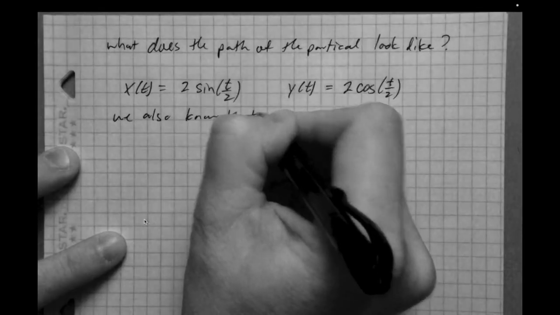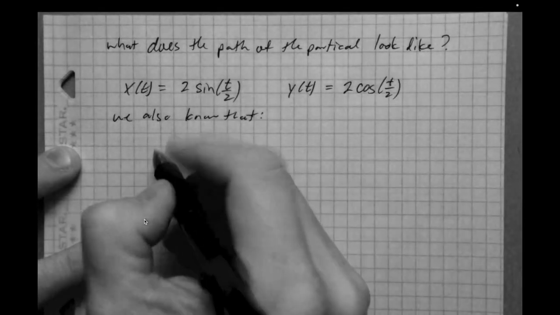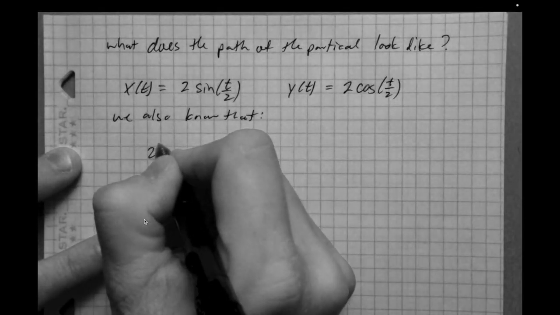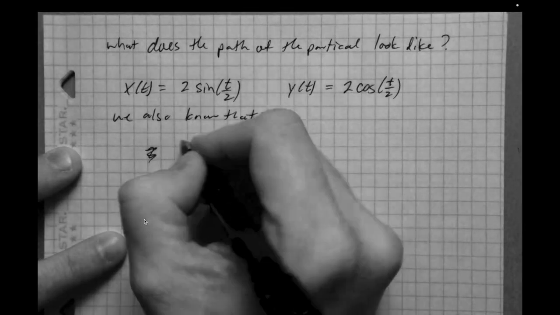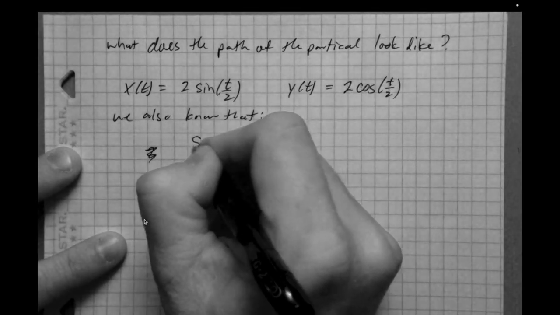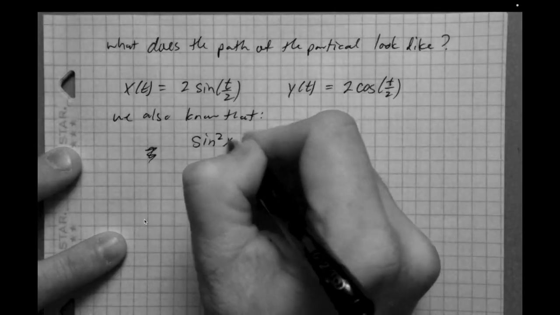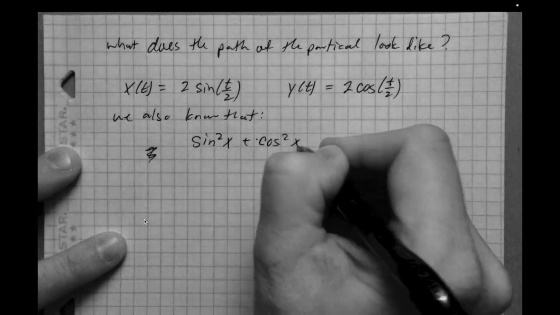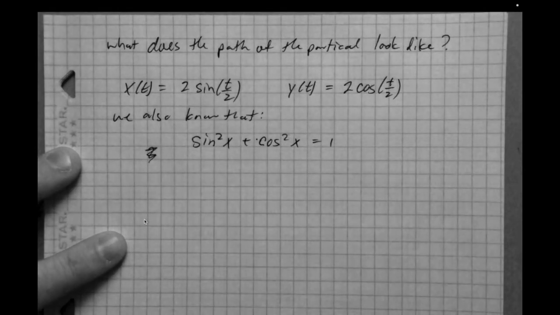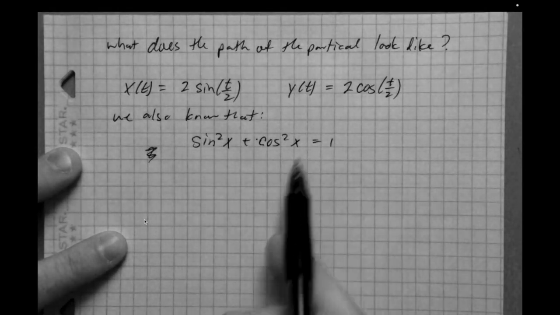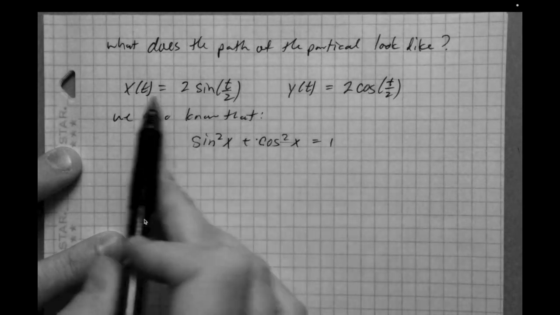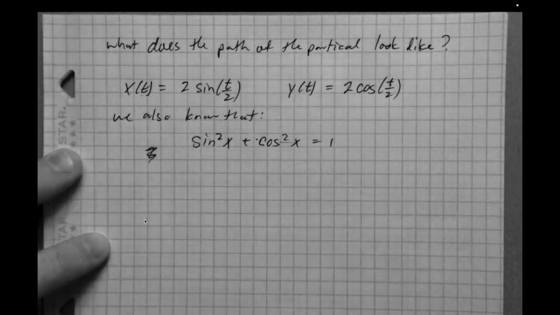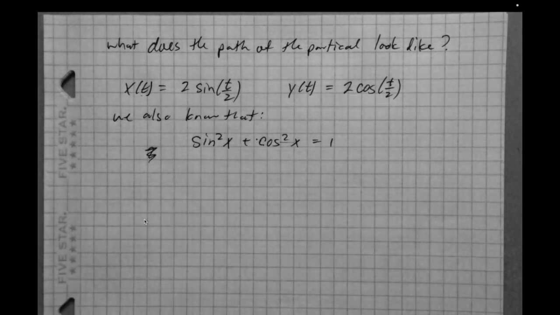We also know that sine squared of x plus cos squared of x equals 1. We can use that fact in conjunction with these two to crank out a regular Cartesian equation.